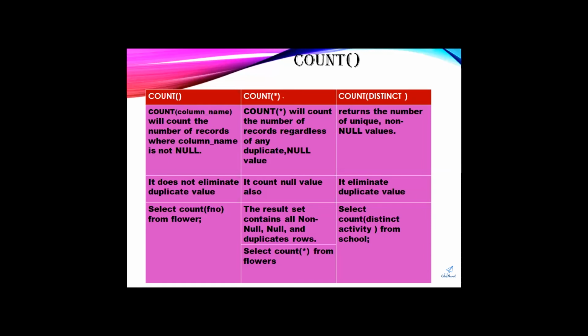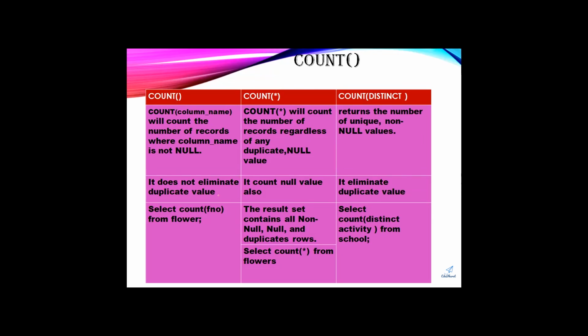Now we differentiate the different count commands: count, count star and count distinct. Carefully see that the count command will not accept null, that means all not-null values or records will be counted, as we have done in the previous example. Count star means it will count duplicate values, it will count null values, everything.